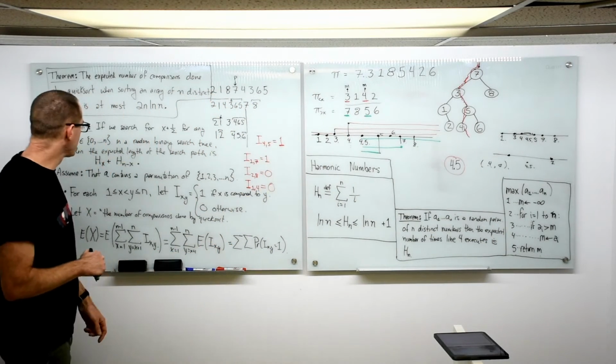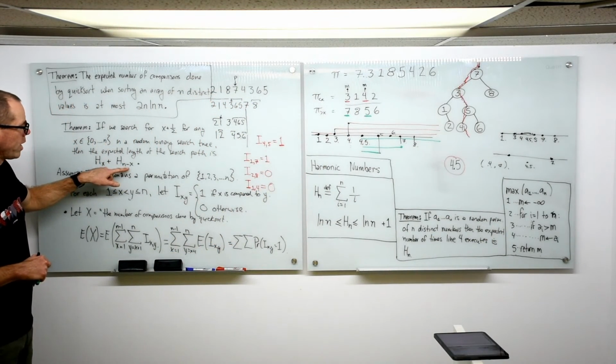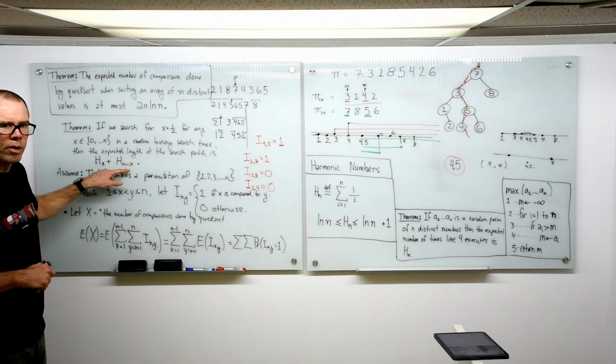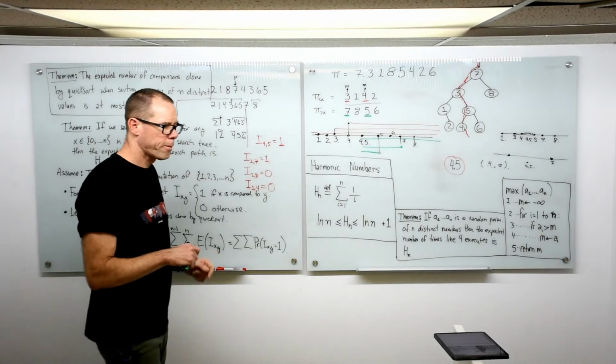And the number of things which is larger than x plus a half is n minus x, and so that's the expected number of those things that I will see. Okay.